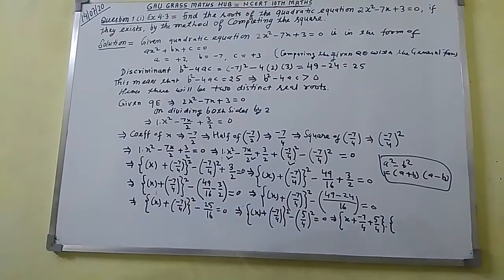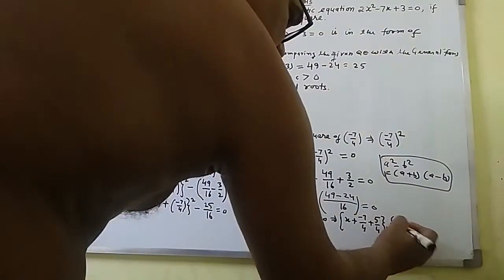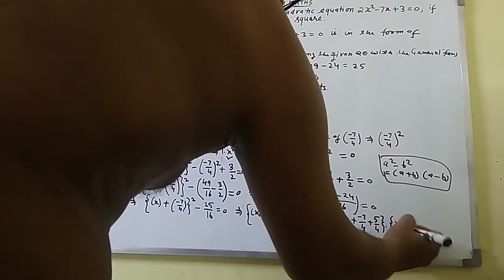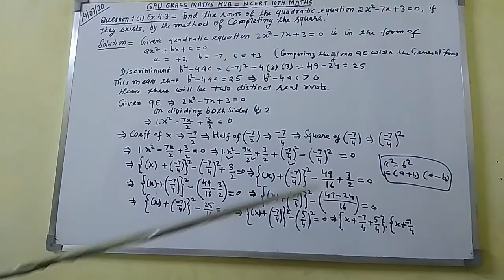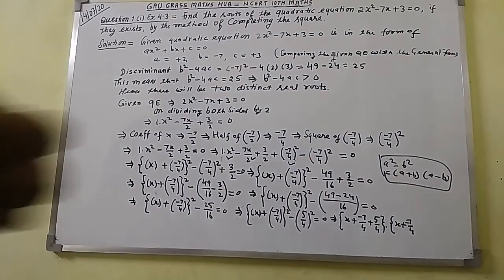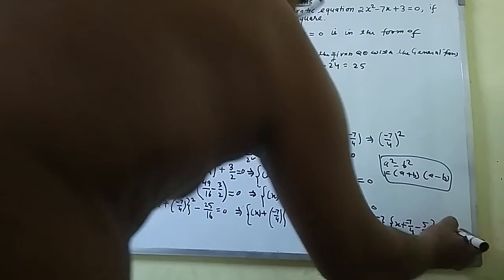In another bracket you will get x plus minus 7 over 4, same thing I have written, and here you write minus 5 over 4 in one bracket equal to 0.